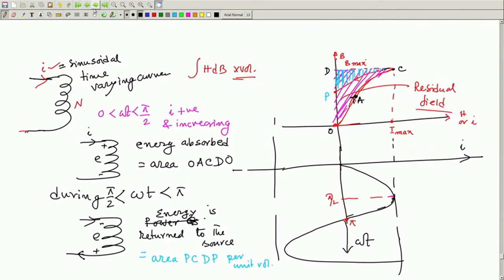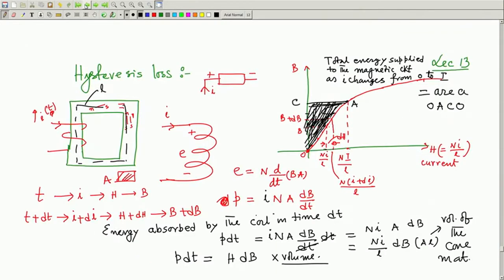What I did was, while discussing hysteresis loss, first suppose there is a single coil. At any time t, current is I, corresponding H is H and B is B, and suppose you are increasing the current from 0 to some fixed value I. Then what is going to happen?